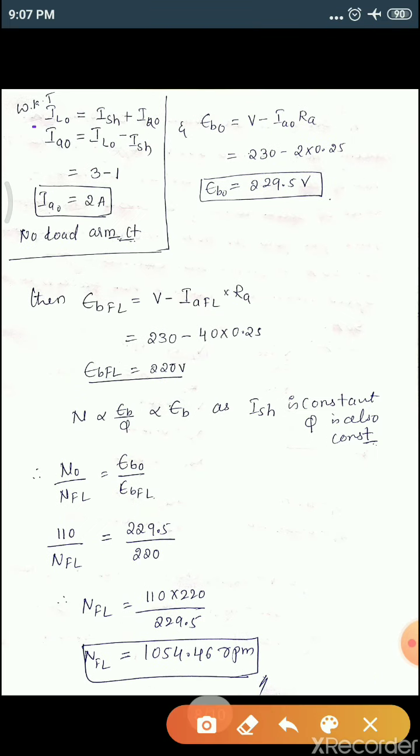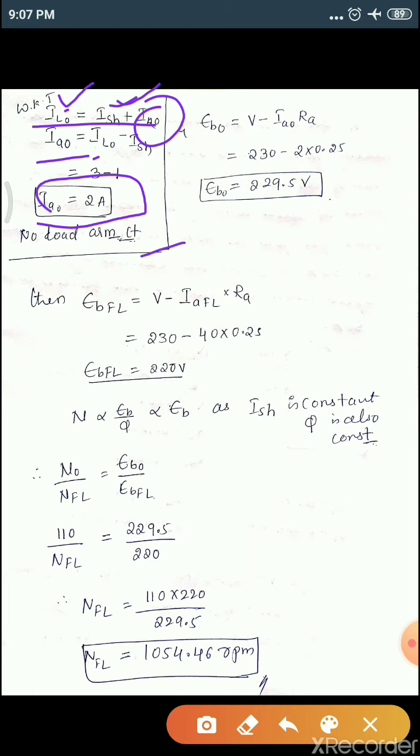Since it is on no load, we have to consider this. IL naught, the no load current, we know, and the shunt field current also we have calculated. Now we need to calculate Ia naught. Ia naught equals IL naught minus Ish, 3 ampere they have given minus 1 ampere we have calculated. Ia naught equals 2 ampere. This is the no load armature current.